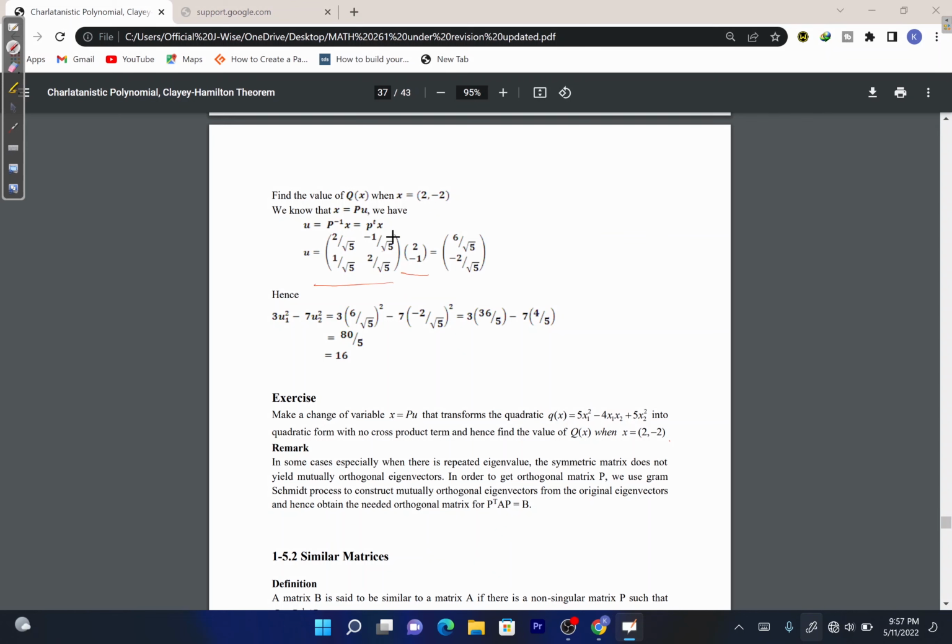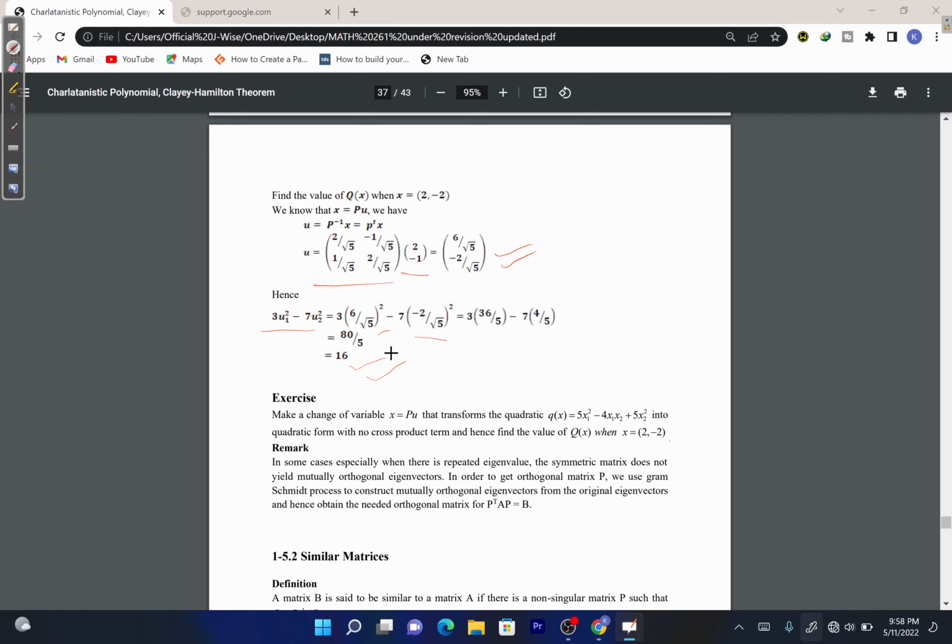When you multiply transpose of P by x, we get 6 over root 5 and -2 over root 5. So 6 over root 5 is equal to u1, -2 over root 5 equals u2. Then when we substitute it here, we get 3 times u1 squared, where u1 is 6 over root 5, then minus 7 u2 squared. When you simplify this, we get 16.